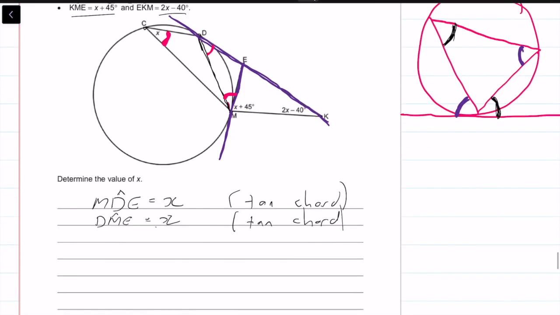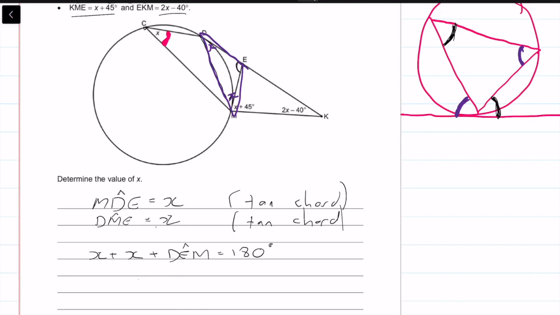So all the hard part is done there. Now we can remove all of that. What we have now is a triangle with this angle being X and this angle being X. If we look at this triangle, we can say that X plus X plus angle DEM, this angle right here, is equal to 180 degrees.